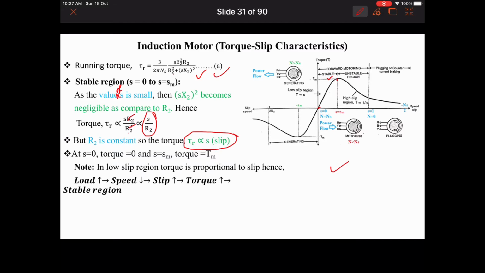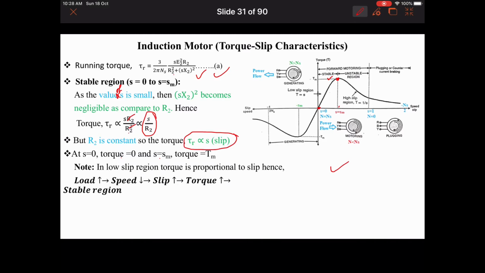As we can see during this slip range, at s equal to 0, torque is equal to 0, and at s equal to sm, the torque is Tm. Note, in the low slip region, torque is proportional to slip.